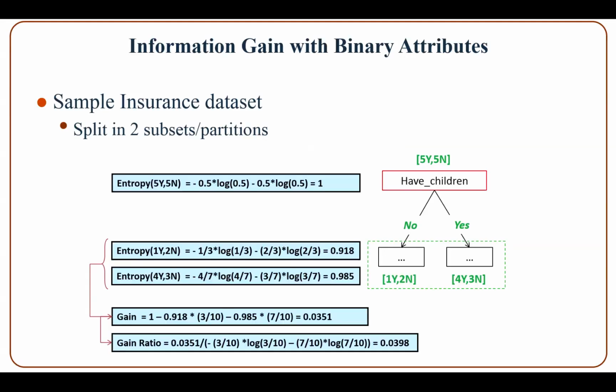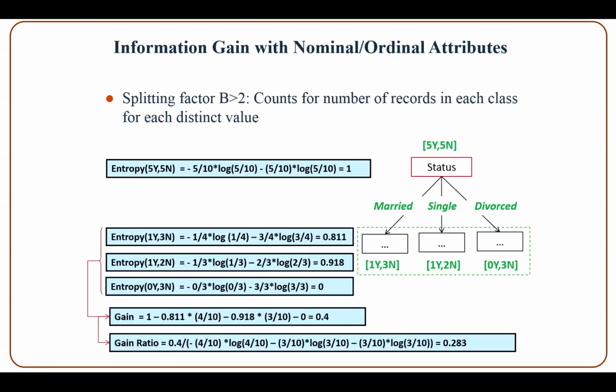With the same example as we did with Gini index, in the case of binary attributes, entropy before the split and after the split can be calculated, and then the gain and the gain ratio. With the case of nominal and ordinal attributes, when the splitting factor is greater than 2, we first need to get the distinct values.